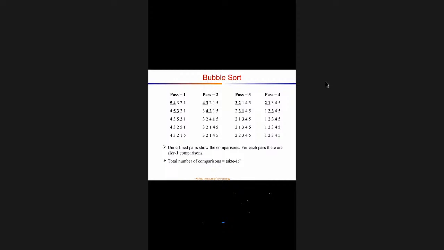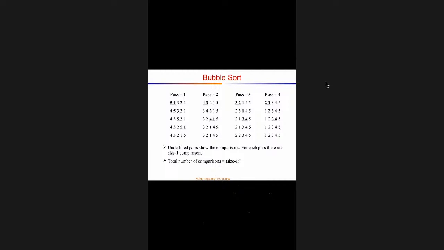Then you start the second pass. In the second pass, the aim is that the second largest element is placed in the n-1 position. So again you start the comparison, 4 and 3, which is not in increasing order, so you apply the swap. Then take 4 and 2, not in increasing order, so swap, 2 4.